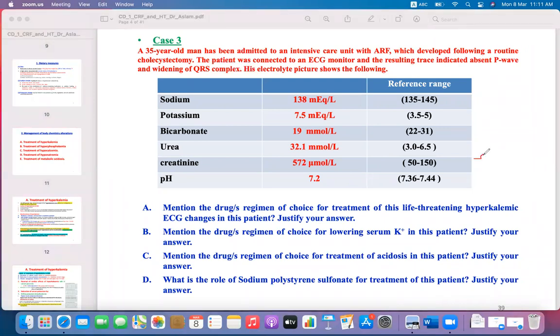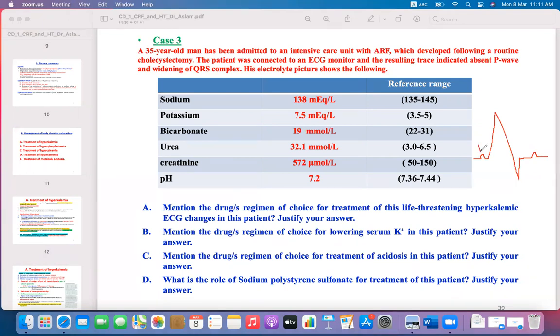If you see, this is P, Q, R, yes, this is the ECG.